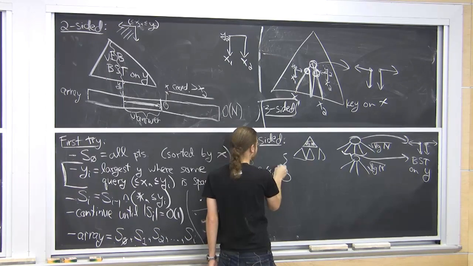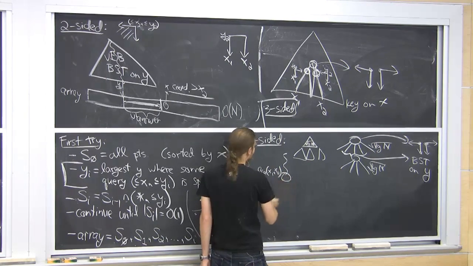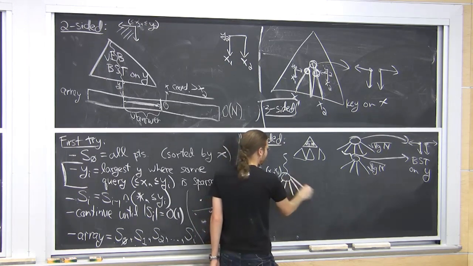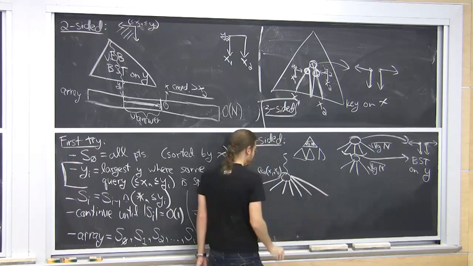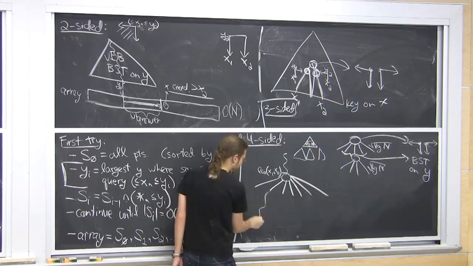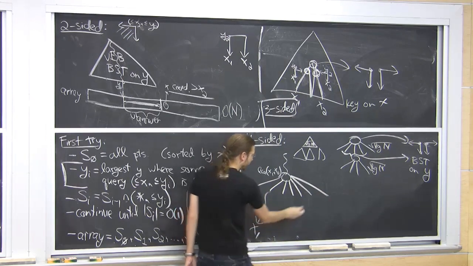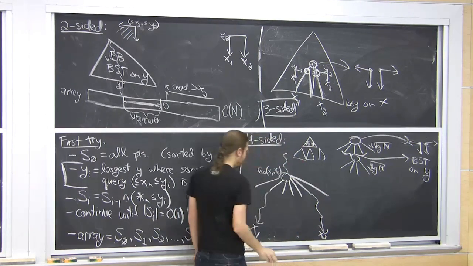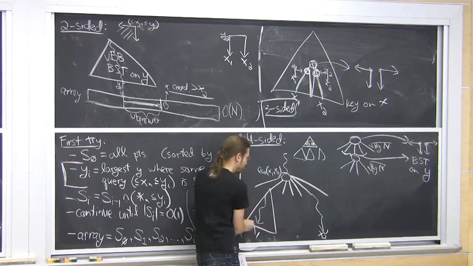I don't know. Let's say it's on x. Let's do it again on y, whatever. So here's the LCA. Let's say there's a lot of children. Maybe here is x1, and here is x2. So in this subtree, we do this range query, because we want to go from x1 to infinity.